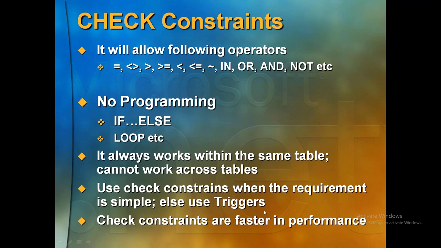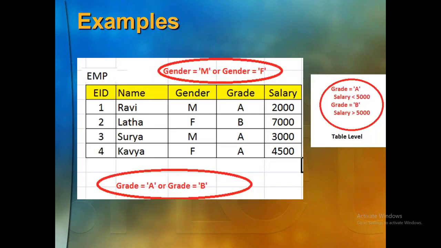So what is the meaning of this? Check constraints are simple mathematical expressions that you can implement as part of your databases and tables. Whenever you insert the data, SQL Server will ensure that it has proper values. If you enter a negative number in the salary, it will say salary has to be a positive number, so the expression is salary greater than zero.